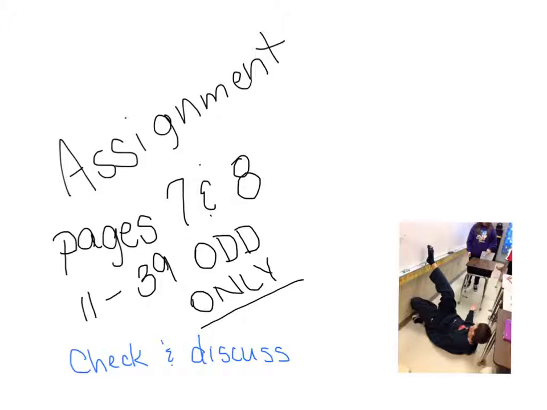Your assignment, pages 7 and 8, you're only going to do problems 11 through 39 odd. 11 through 39 odd. Okay? Now, seems like a lot of problems, but I counted them up and it's not too many. What I want you to do, the odd number problems, you can usually find the answers in your textbook.